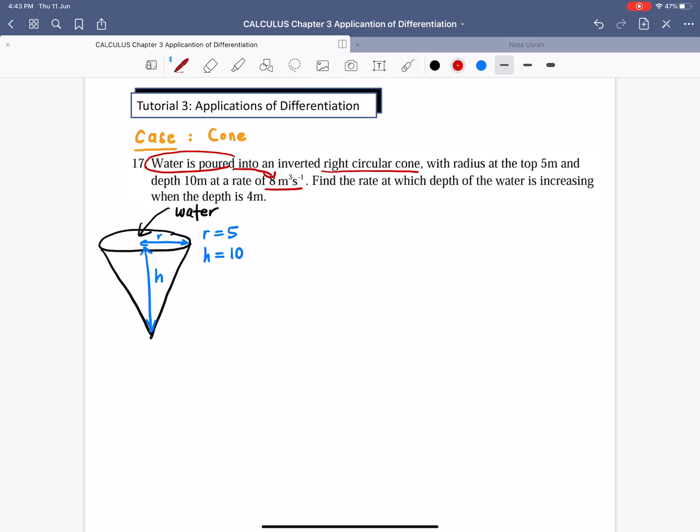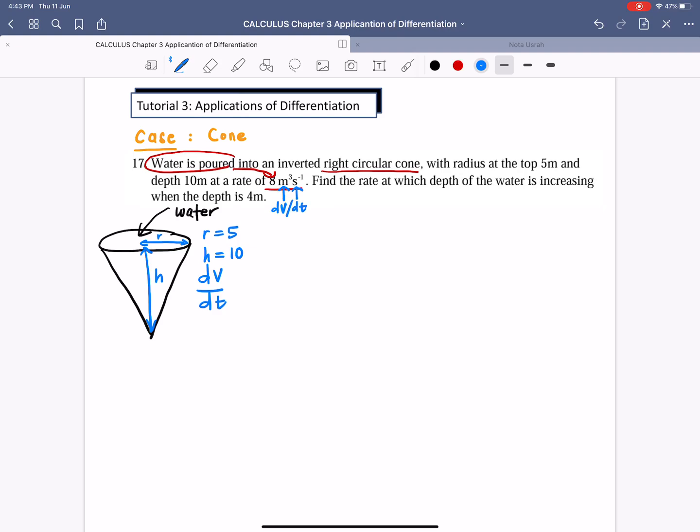So that is the value of dV/dt. Another clue that we know that this is dV/dt: meter cube is the unit for volume, and this is per second. So dV over dt.